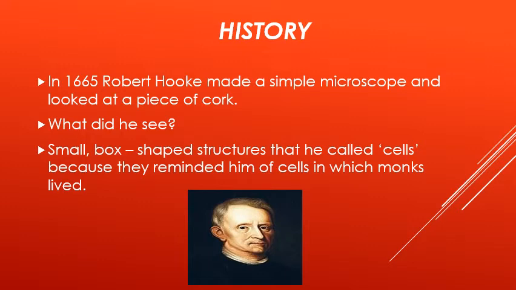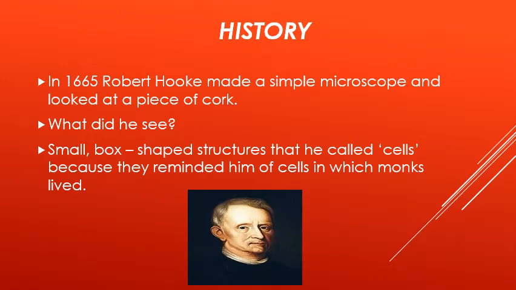So he sliced it in thin pieces and looked at it under the microscope. What Robert Hooke saw there was something that looked like small boxes. What he was seeing in the piece of cork was actually the remnants of the cells in the plant that made the cork.